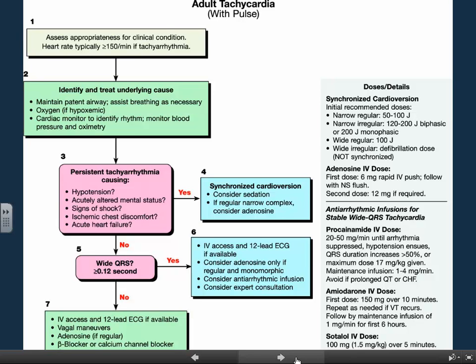Starts with a D. Not dopamine. Dopamine's inotropic. It's not antidysrhythmic. All right. Diltiazem is Cardizem. Starts with a D. It's a cardiac glycoside, digoxin. Digoxin is given for AFib. It's also called Lanoxin as well, but it's the same drug.